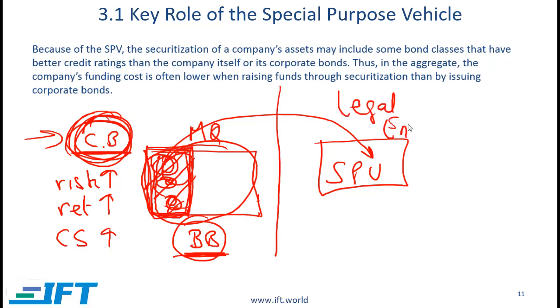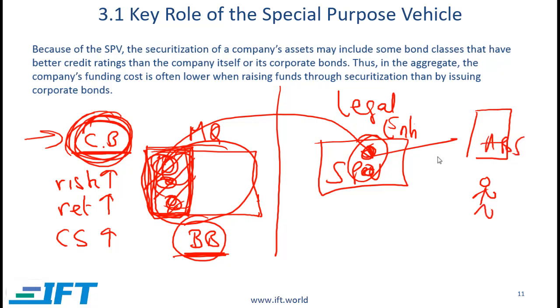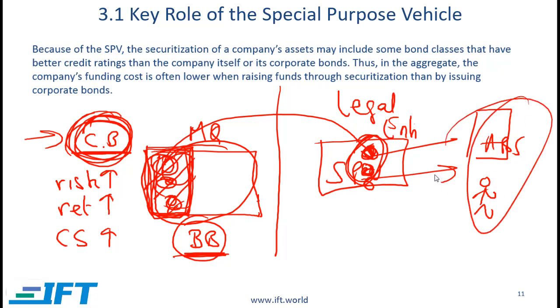Since this is a legal entity and it owns these receivables, when asset-backed securities are issued against these receivables, those investors who buy these asset-backed securities can be comfortable that any payments that come in because of these particular receivables will go to the holders of the asset-backed securities.